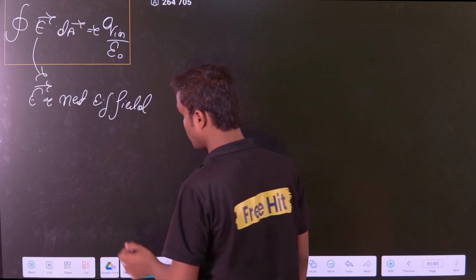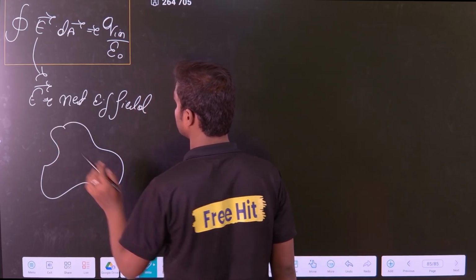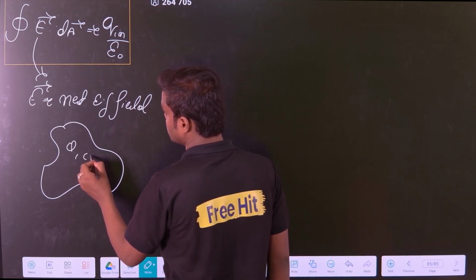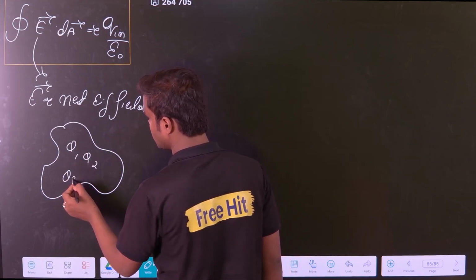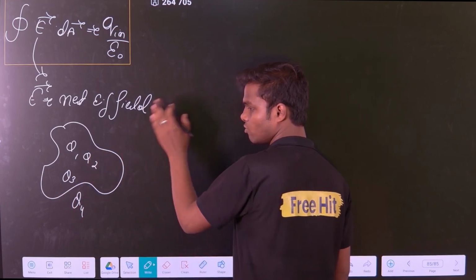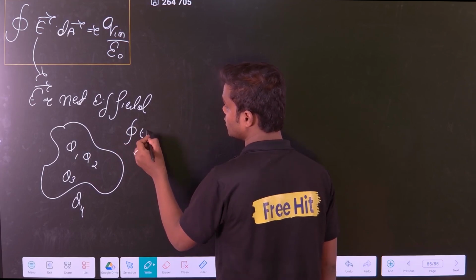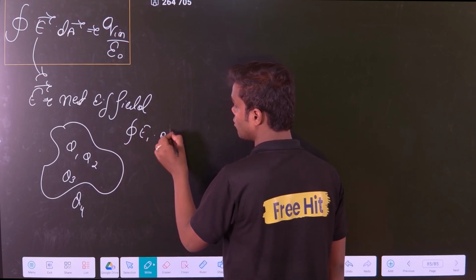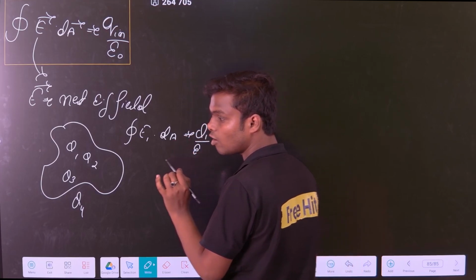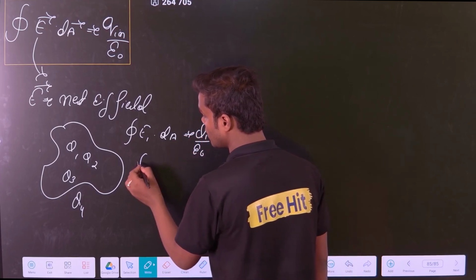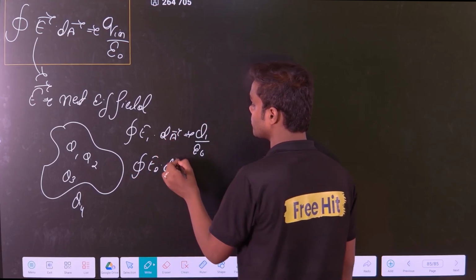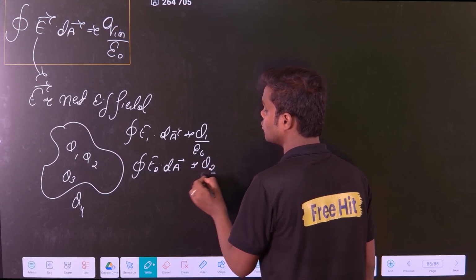For example, suppose there is a closed surface, and the charges are q1, q2, q3, and q4. What is the flux due to q1? How will I write the Gauss law? I will write the integral of E1 dot dA is equal to q1 divided by epsilon naught. Similarly, the integral of E2 dot dA is equal to q2 divided by epsilon naught.